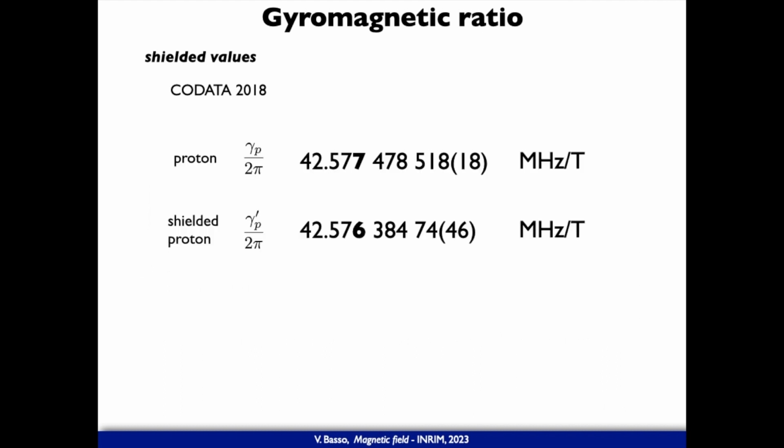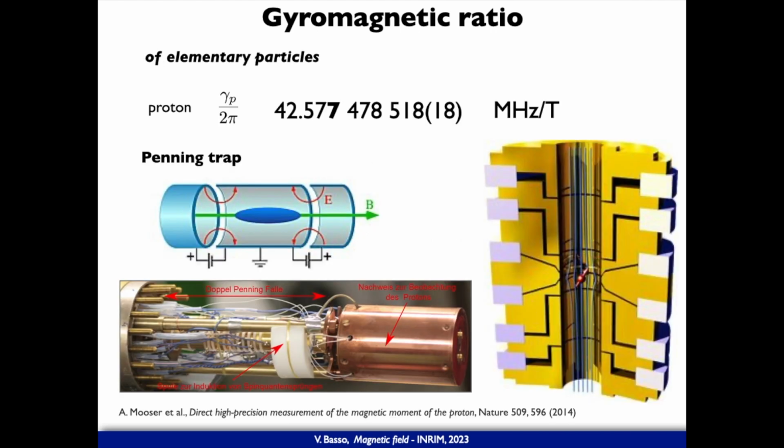If we consider the proton, we have to consider that the proton itself and the so-called shielded proton constant are different. Their difference is not small. We can also briefly describe how the gyromagnetic ratio of the proton is measured.